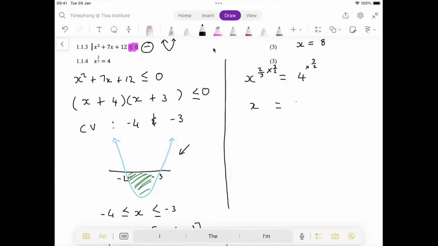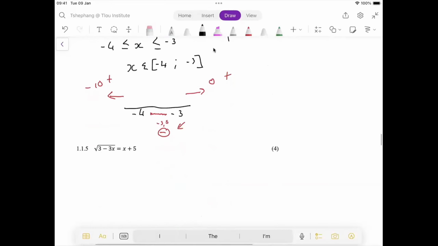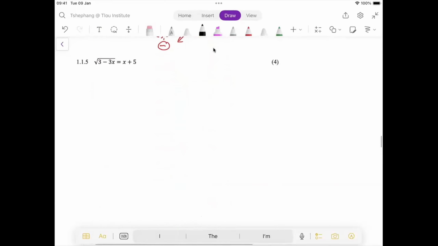And then here I have what? 2 to the power of 2 times 3 over 2. These 2's cancel each other out, and x is definitely going to give us that 8. Just like that. That's how we need to go about that question. Thank you so much for attempting it. Now moving on.